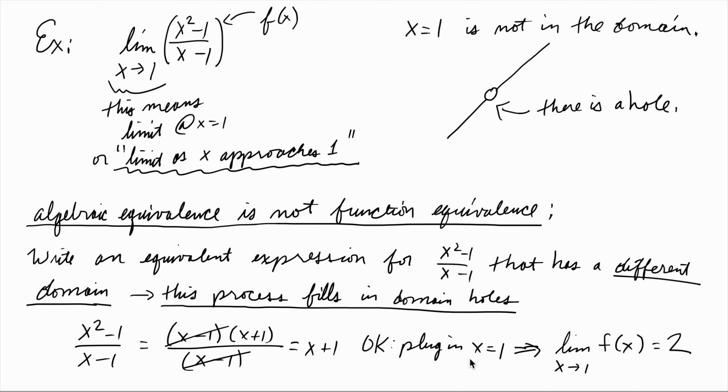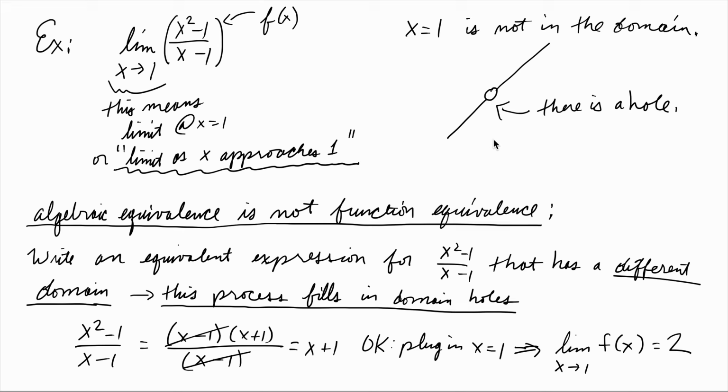This is really nice when we're taking the limit of an expression. Notice right here, we cannot plug in x equals 1. It is not defined to divide by 0. So what does that do to this expression? It makes a hole. So if a function output was equal to this expression, then we would have a hole at x equals 1.